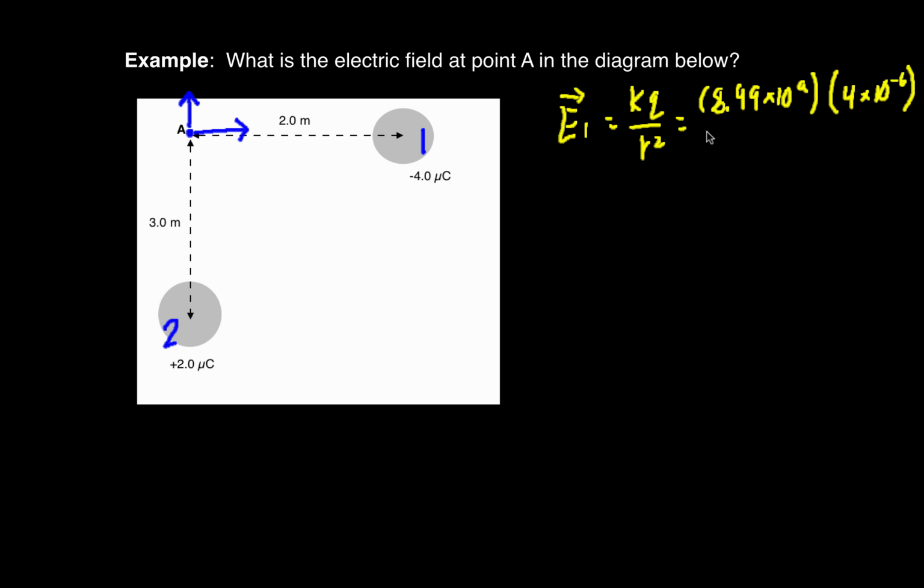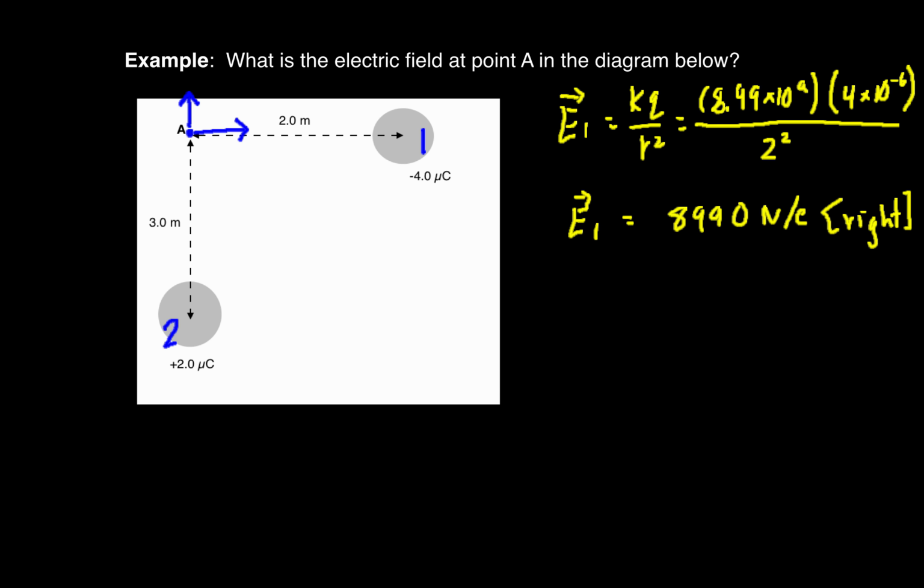Again, I didn't put the negative sign in because I didn't want to confuse the calculations, because direction is determined by us after the fact. The distance is 2 meters, so it's divided by 2 squared, which gives us E1 equals 8990 newtons per coulomb, and we've already determined the direction to be towards this negative 4 microcoulomb charge, which means it's to the right.